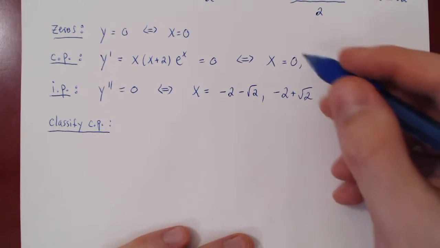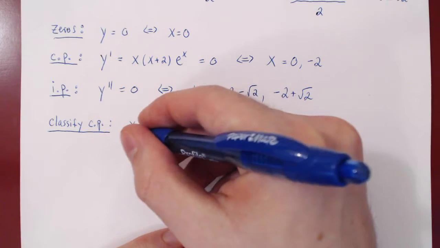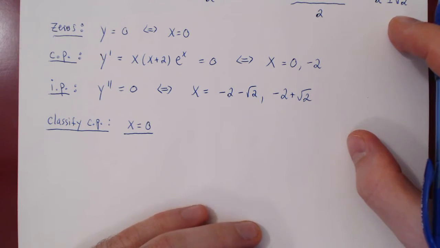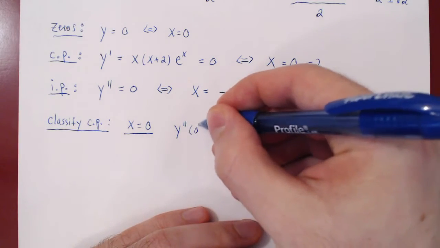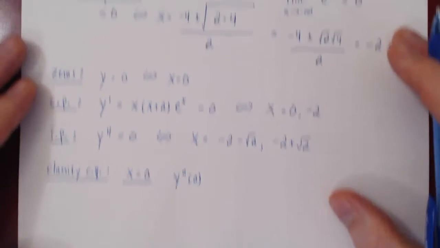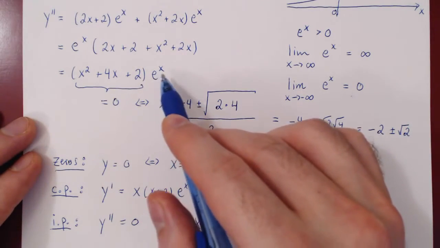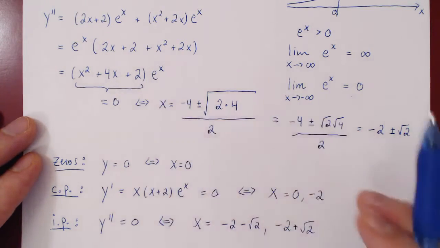So let us look at classifying x equals 0. And again, to classify a critical point, we look at the second derivative at this point. So let's see. This right here is the second derivative. e to the 0 is 1. And we get 0, 0, 2. 2 times 1 is 2.